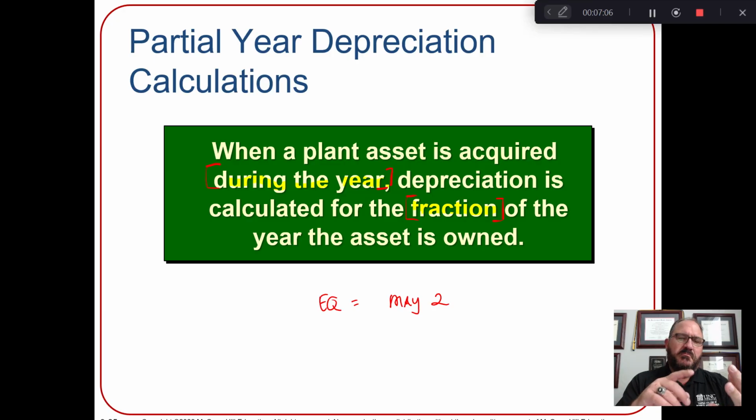So January, February, March, April. So you're probably going to say, well, this first 4 months, we're not going to bother with the days. You'll take depreciation for 8 months, okay? And that's if you're doing straight line. If you're doing double declining balance, you would do it based on two-thirds, which 8 months is 2/3 out of the year, right?